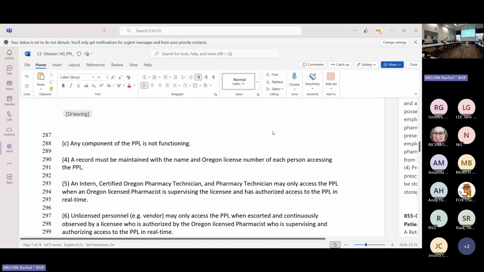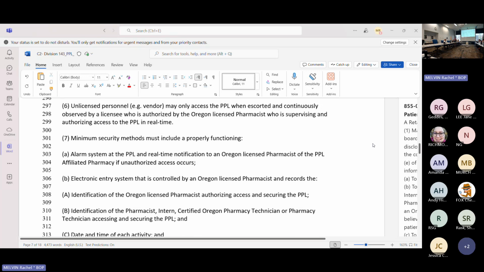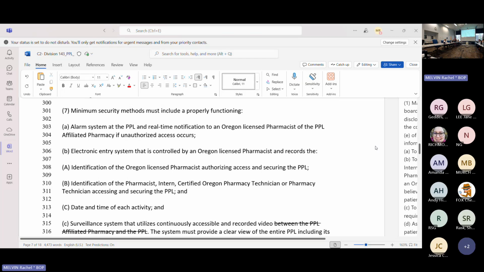Most of these are fairly clear. Minimum security methods must include a properly functioning alarm system at the PPL, real-time notification for unauthorized access, that's like pharmacy security.